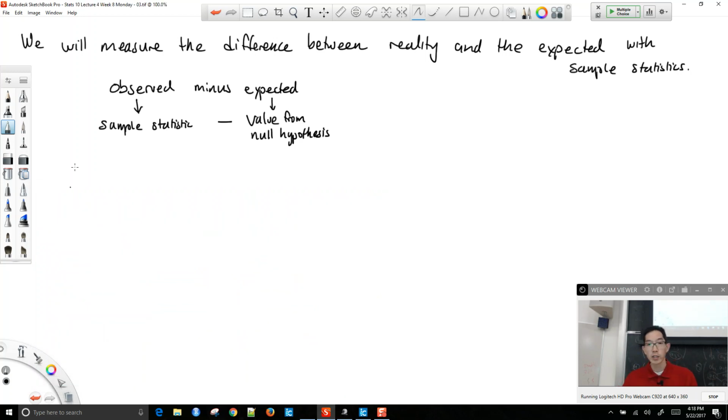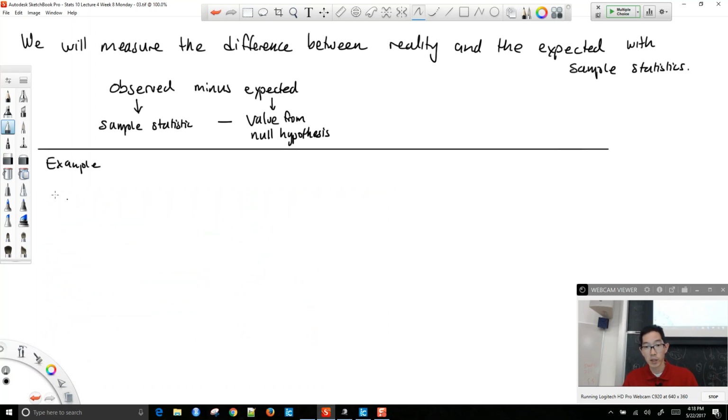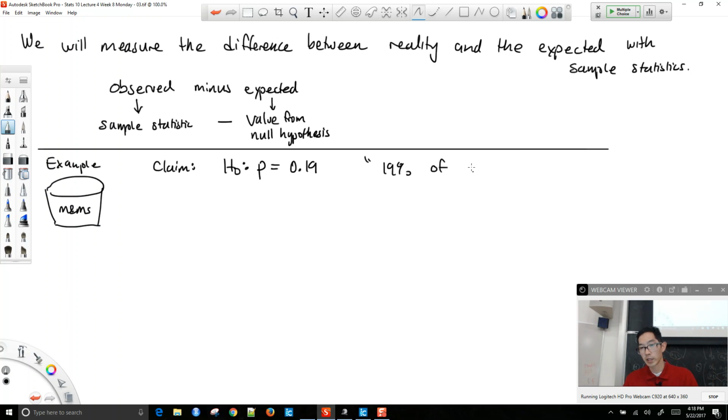Okay, so let's just try an example here. We've got our bucket of M&Ms, and the claim is the proportion that is red is 19%. Okay, 19% of candies in the bucket are red. That's the claim.